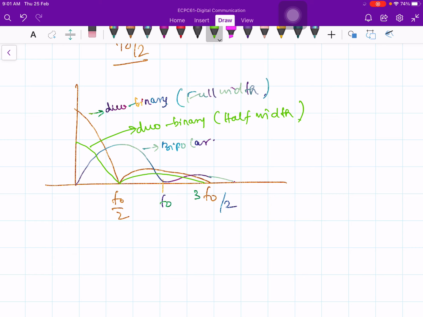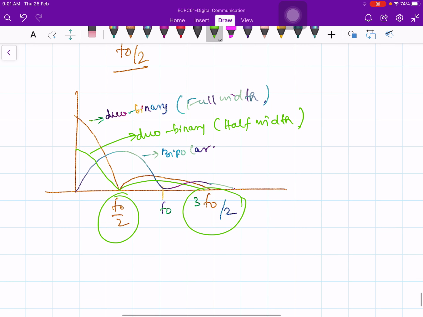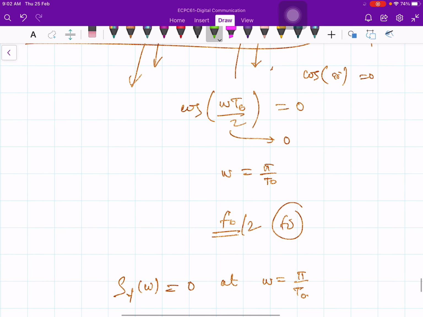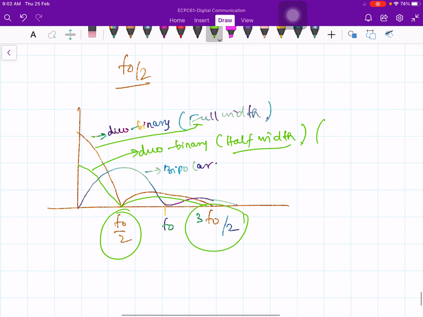Okay, therefore its first 0 crossing is at f0 by 2 and the next occurs at 3f0 by 2. Okay, and the green color is duo binary half width and this one is duo binary full width. and this green color comes from this expression. Which expression? This expression. So from this expression we are getting this green color curve.